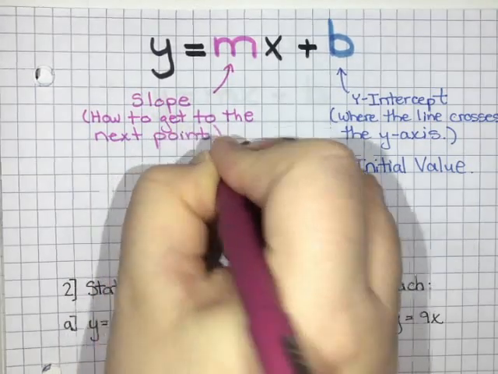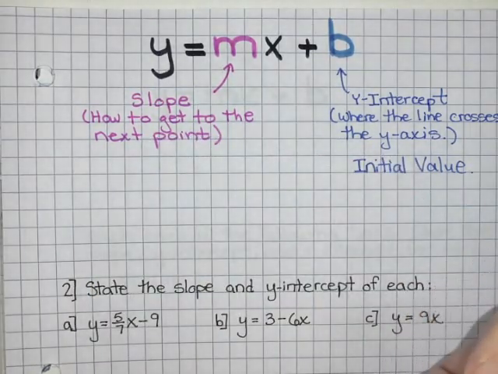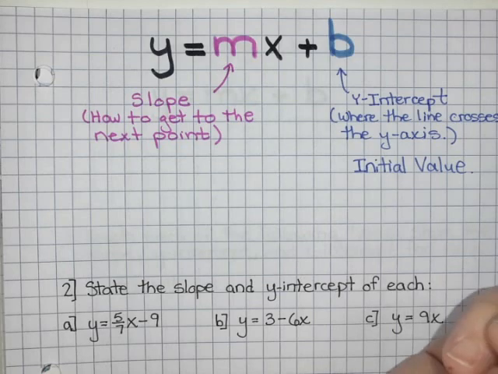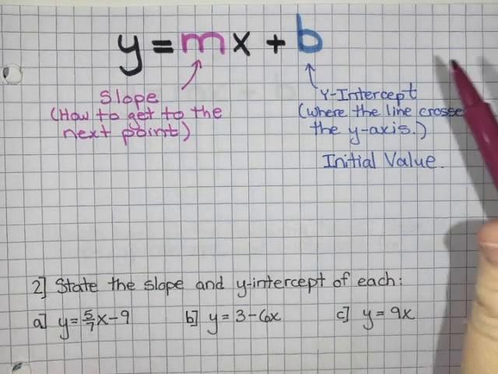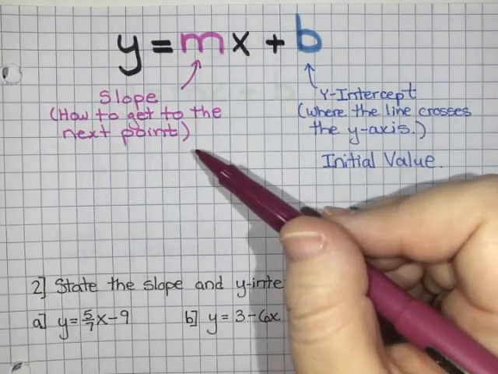It's telling me how steep my line is, how high or low we're going each time, how far over we're moving each time. It really is there to tell me how to get from, say, the y-intercept to the next point that I want to get to.